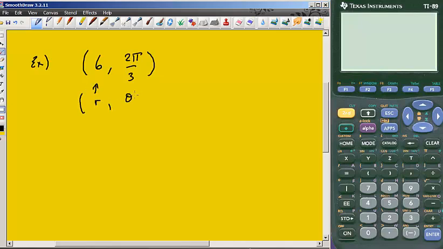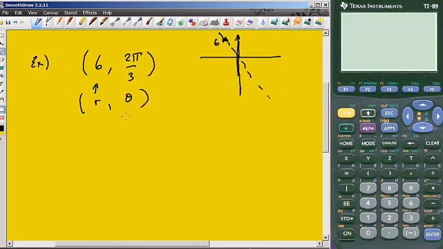We know where that is in polar coordinates, so let's plot it. 2 pi over 3 is going to be here, that's my 2 pi over 3 line, and then 6 goes over here.